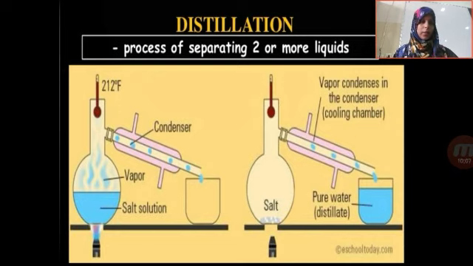So, when the liquids are boiled and the point is reached, they are separated using a special type of apparatus called the Liebig's condenser. We will be performing this in the lab as well, and that time you will come to know what the Liebig's condenser is. Here you see the picture of the condenser, invented by the scientist Liebig, so it is named after him. So, this was the process of distillation.